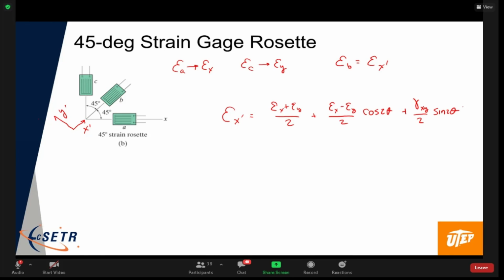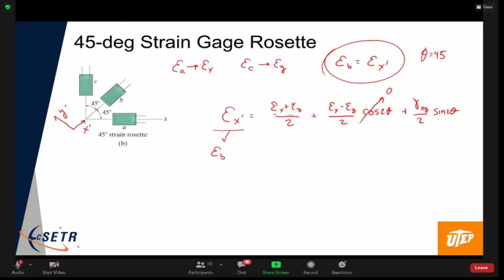So in this particular case, epsilon x prime is the strain gauge at B. We know the normal strains here because those are at A and C. We know theta is 45 degrees, so 2 theta is 90. Cosine of 90 is 0.